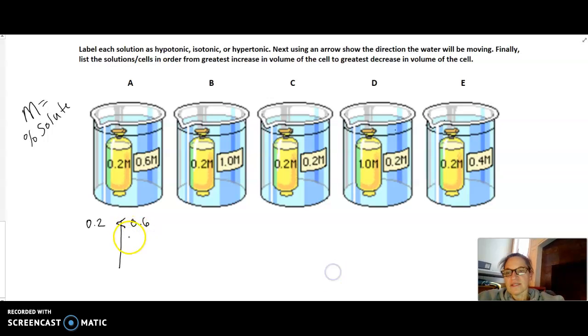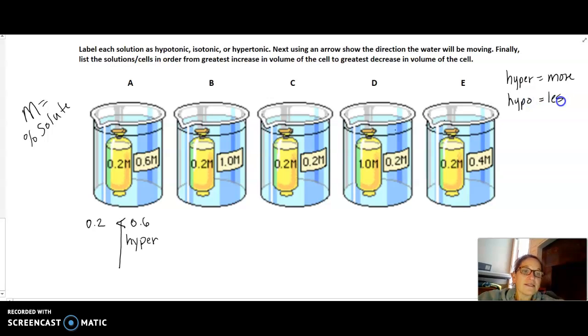And so in this case, the solution would be more, so it would be hypertonic, because if we remember, hyper is more, hypo is less, and iso is equal. Okay? And that's talking about solute.